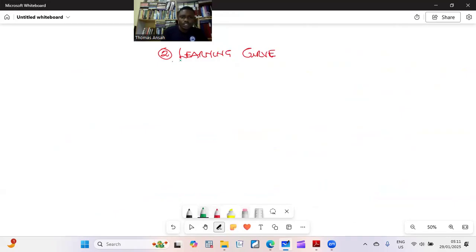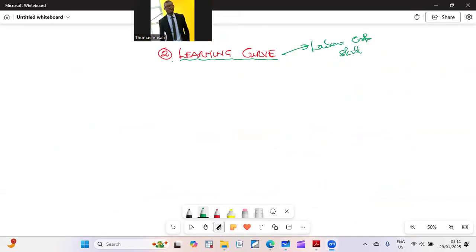In every organization, the learning curve is a labor cost scale. If you bring in new staff, these people will be making more mistakes in what they do.